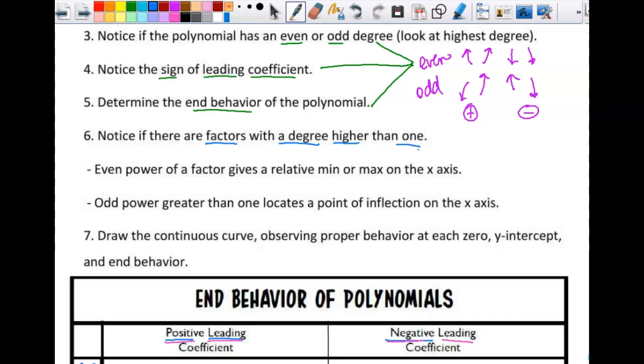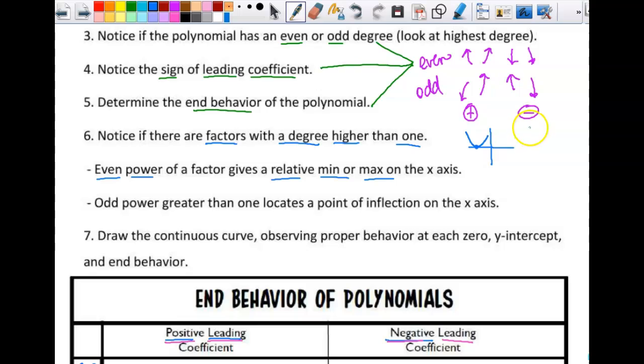And an even power of a factor gives us a relative minimum or maximum on the x-axis. So this is what this looks like. It could be something like, they're bowling if you couldn't tell, something that comes down like this and maybe keeps going to something else, but that would be a relative minimum or a maximum on the x-axis.